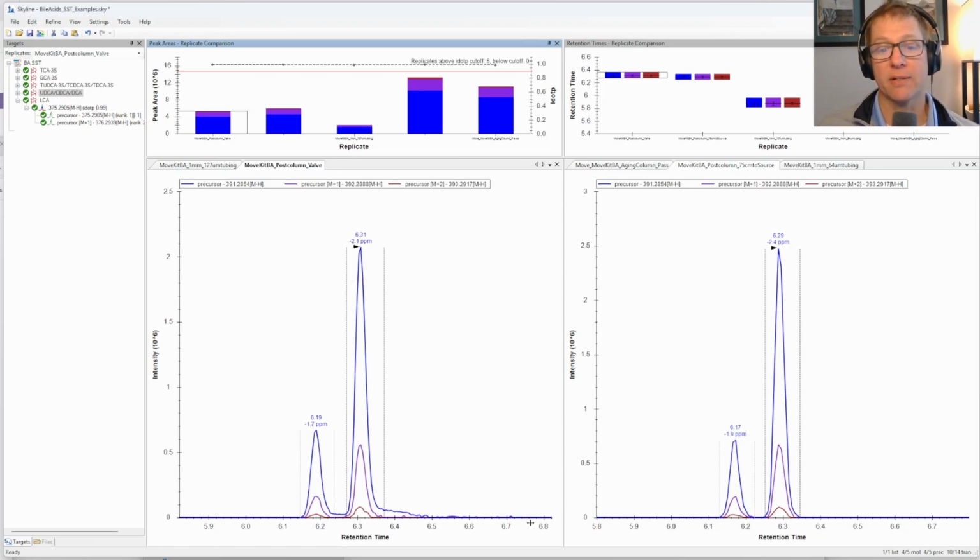If they're not perfect, you can run into a scenario where you have these long tails that will affect your sensitivity and your ability to resolve some of these critical pairs, especially if there happens to be a low abundant species nearby. This can have a major effect. So those two things show the importance of the right post-column tubing, both the length and the inner diameter, and the importance of the fidelity of your post-column connections.